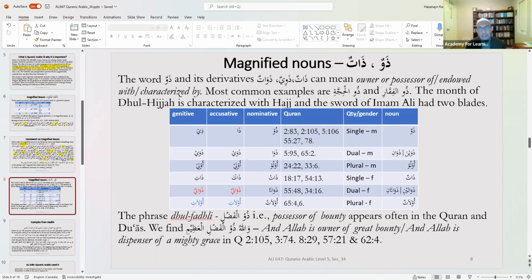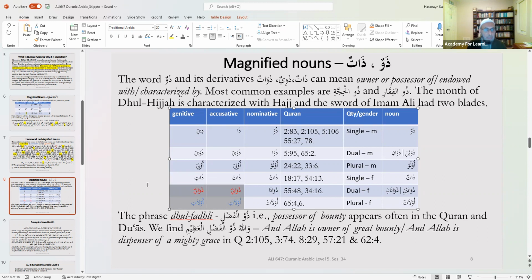Okay. Let us look at another example. If somebody has a question, okay? Then I'll go to the next slide, which is about some hadiths, which are interesting. Before I go to that, you can see here, in the feminine dual and plural form, the accusative and genitive are the same, zawati, ulati.